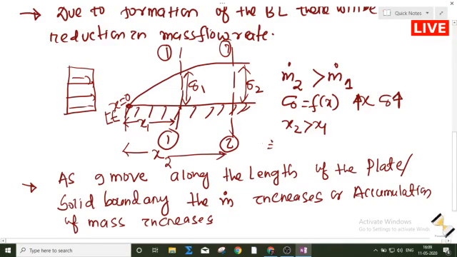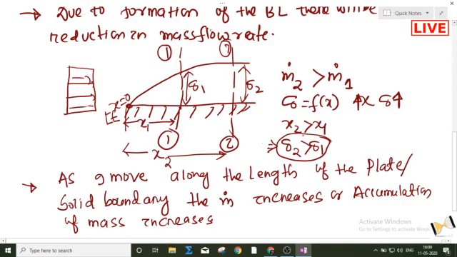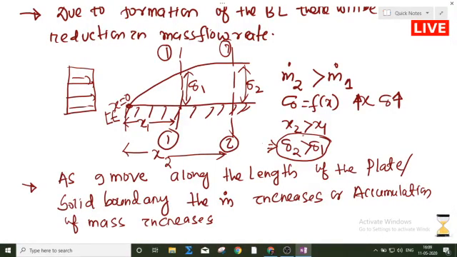So the boundary layer thickness at section 2 is greater than at section 1. The boundary layer thickness is only due to the mass accumulation. Remember this one.